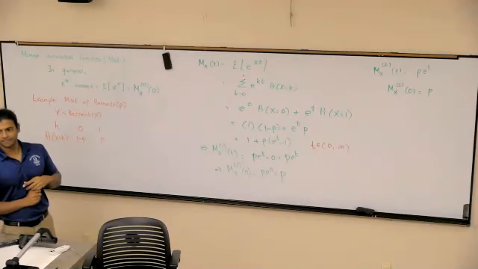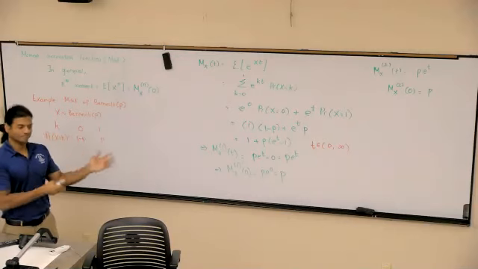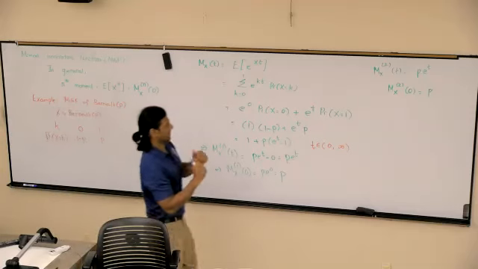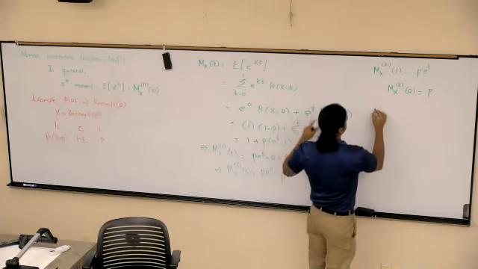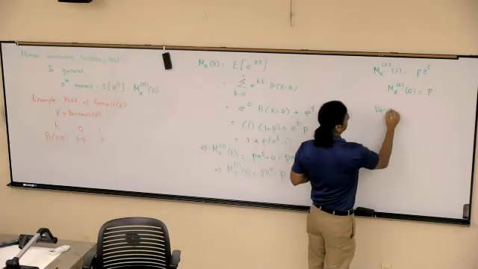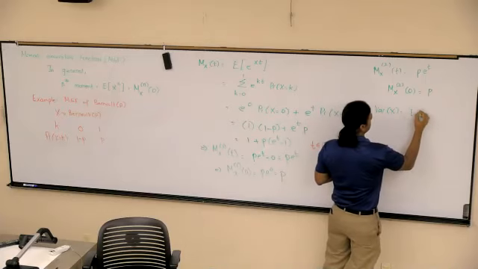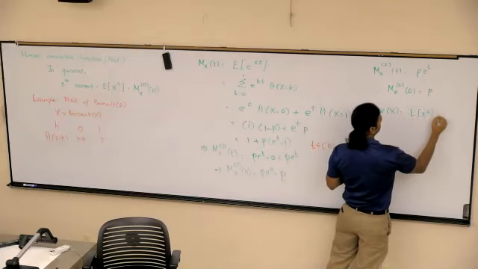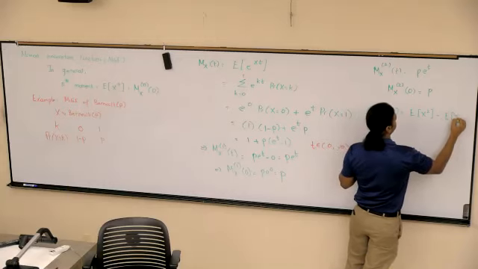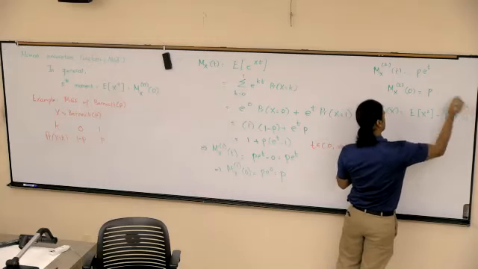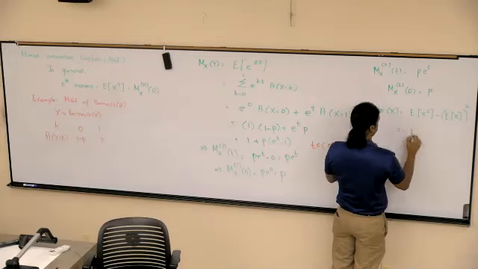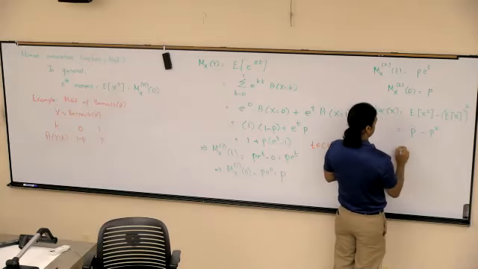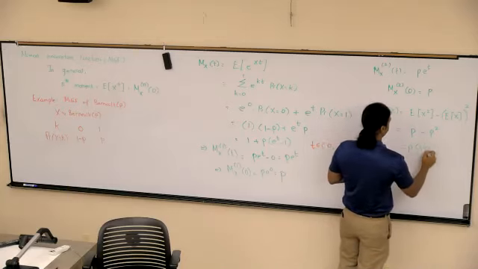The variance is not the second moment. The variance of X is actually the second moment minus the first moment squared. So p minus p squared, we get p times 1 minus p.